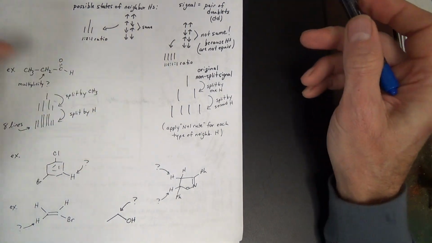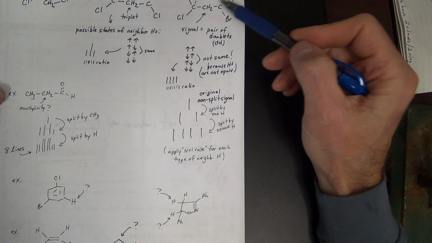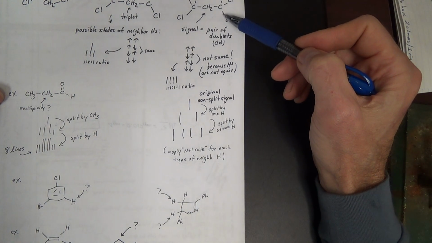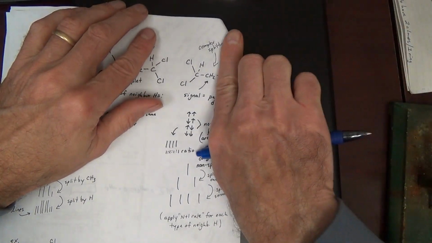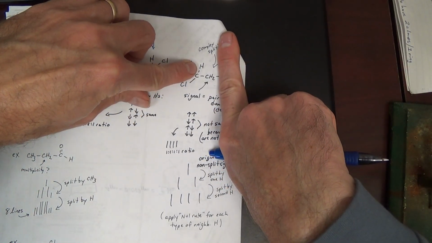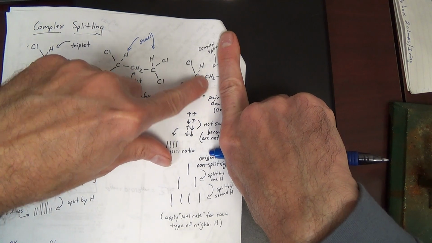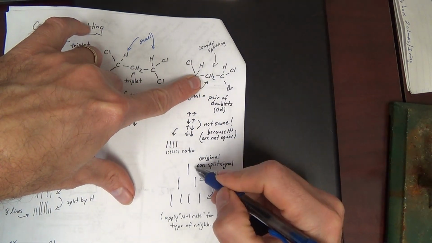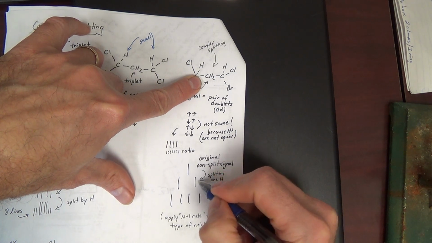When H's are different, you must do the splitting separately. First, let's look at how this H is going to split. This H splits this signal into a doublet, and that's what I'm showing here. The original signal, if it was not split, would be split into a doublet.